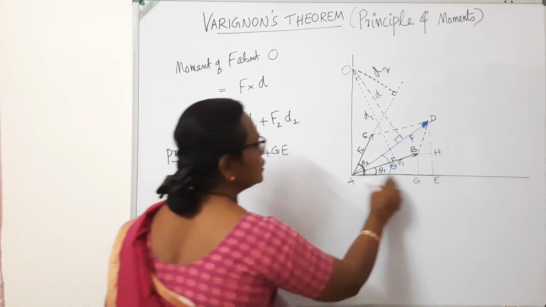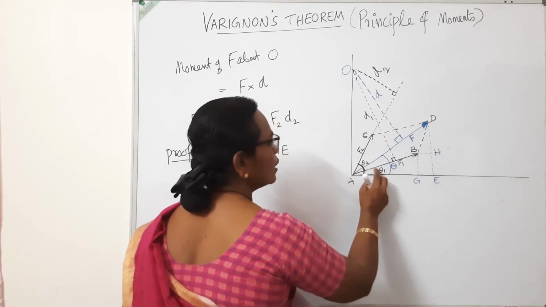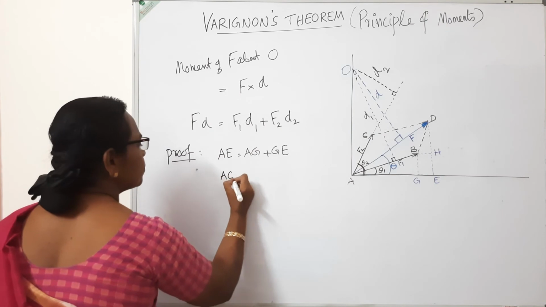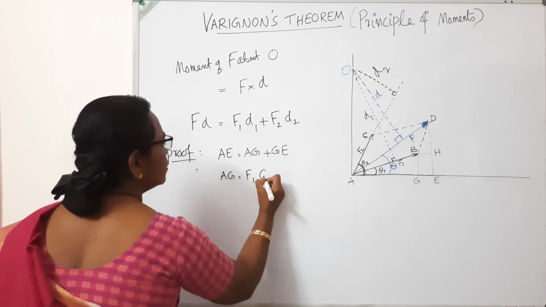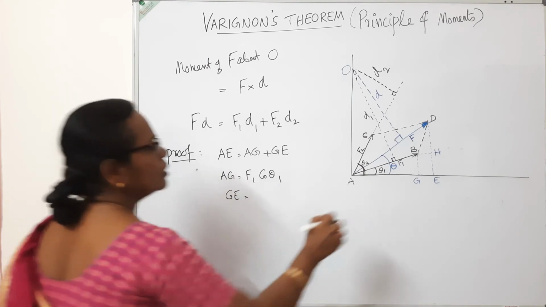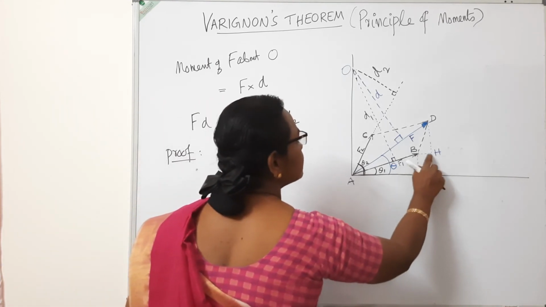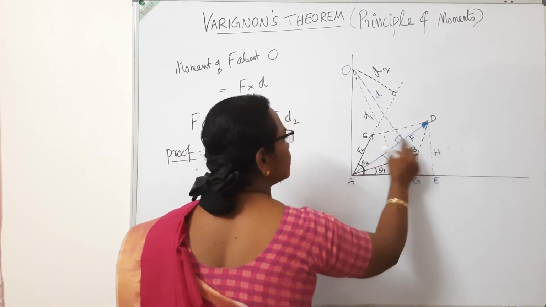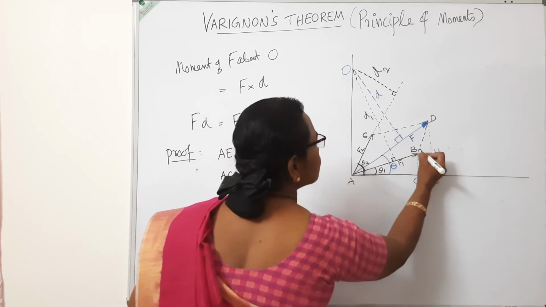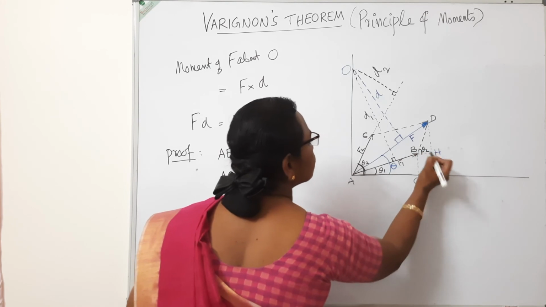What is this AG? This force is F1 inclined at theta 1. So AG is equal to F1 cos theta 1, and GE, in this figure, is the same as BH. This is F2, inclined at theta 2 with horizontal, so this angle is also theta 2.